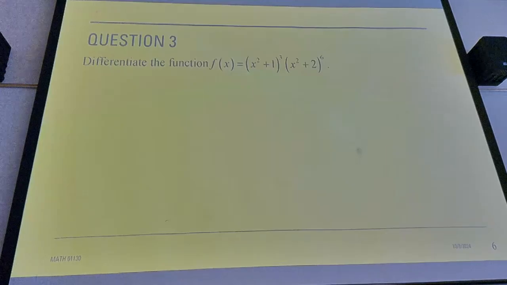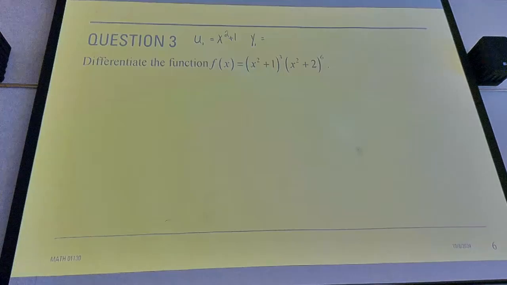So let's call it u sub 1 for the first function. U is going to be what? X squared plus 1.